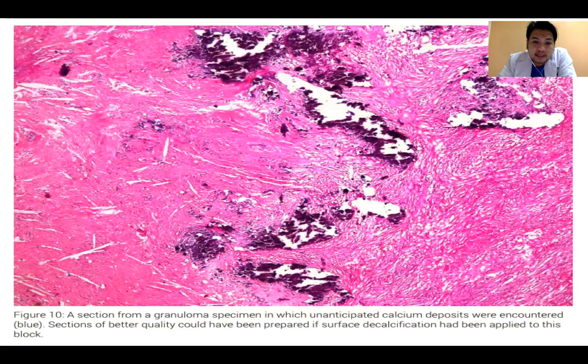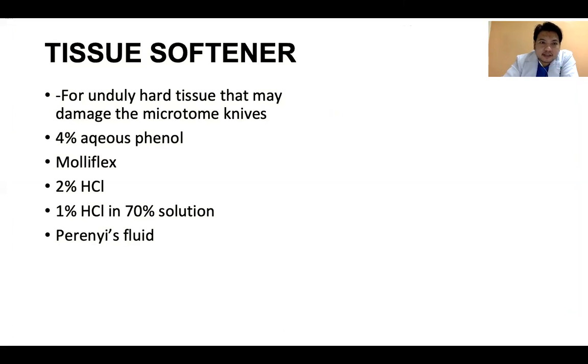So ito yung appearance ng bone that has undergone surface decalcification. So yung portion lang na scrape natin yung decalcified and exposed to chemical acids for decalcification. Okay. I think that's the end of our decalcification.